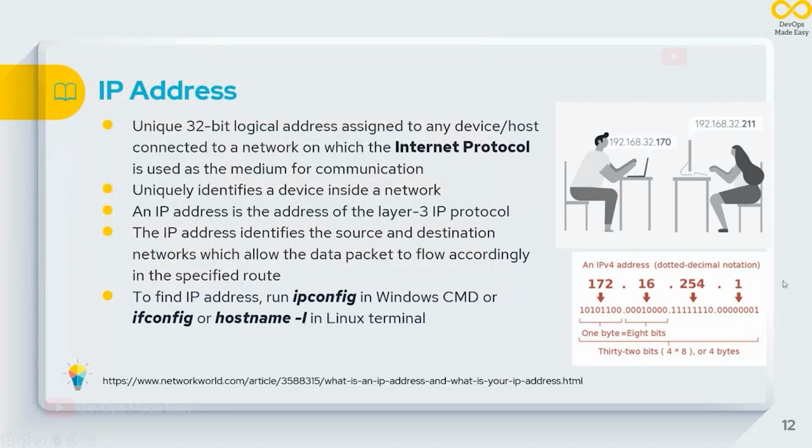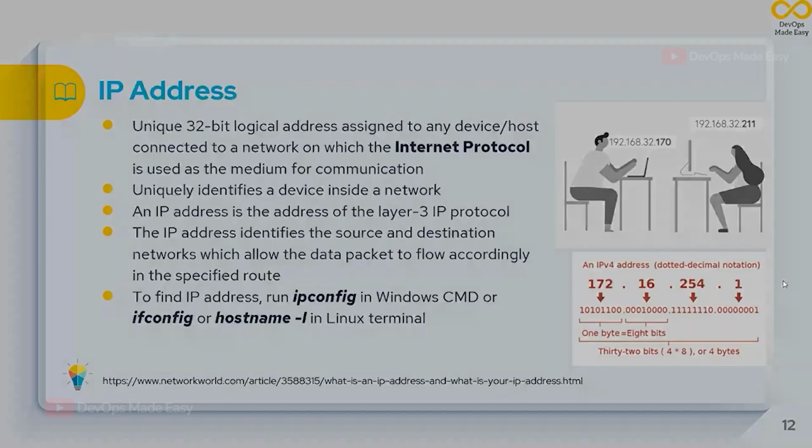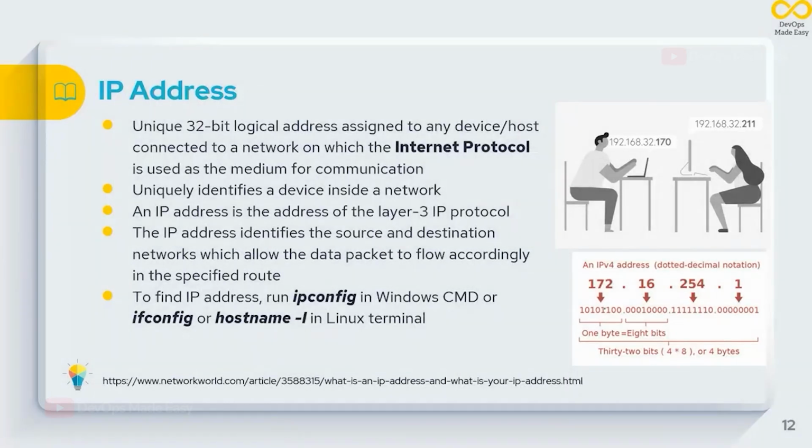If you see the IPv4 part, it will have 32 bits. These 32 bits are divided into four different parts, and each part is known as an octet. An octet has 8 bits, so it is a 32-bit address.